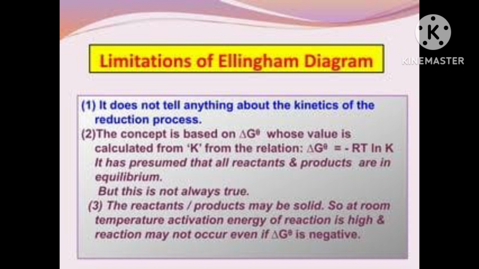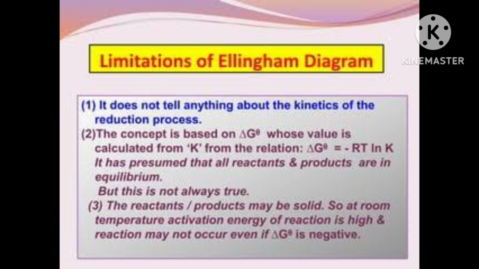That is, the tendency of reduction with a reducing agent is indicated. It tells about the tendency. Why is it indicating only this?